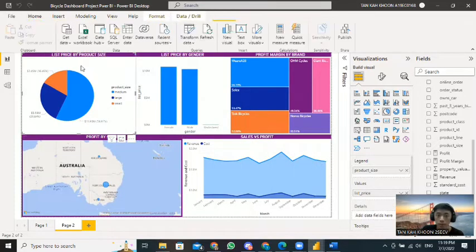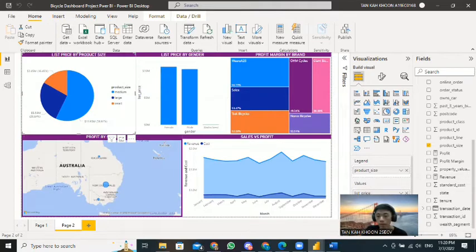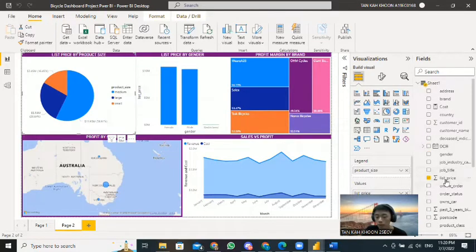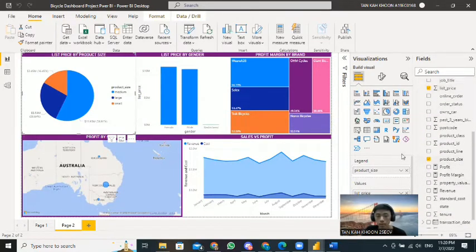First we'll see the list price by product size. You can see that the medium product size has the biggest proportion of this pie chart, and the lowest is the small product size. List price by product size uses the list price and the product size as the domain to create the pie chart.